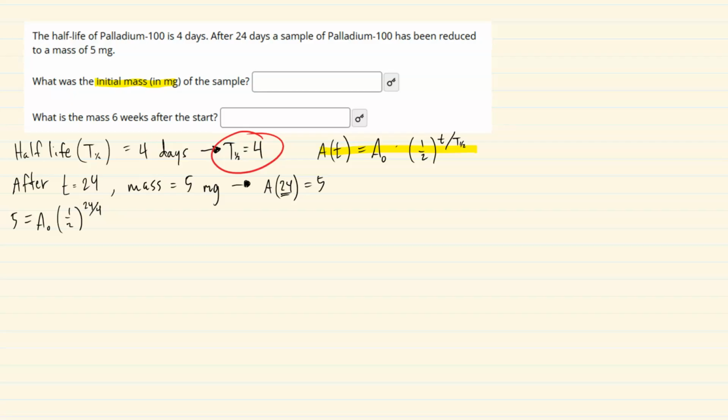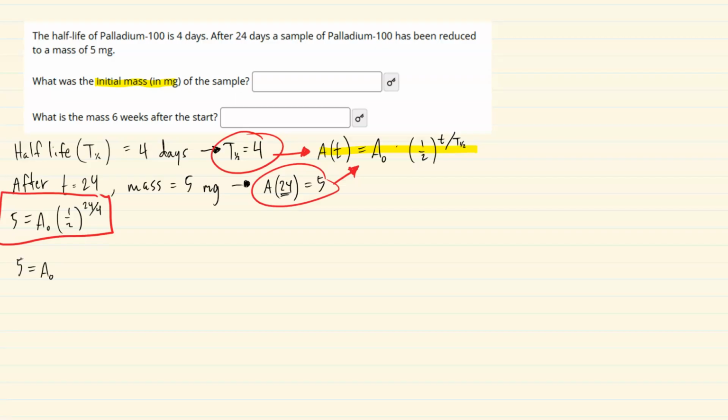Now we just have one unknown, A sub 0. And so we get 5 equals A sub 0 times 1/2 to the 24 over 4.